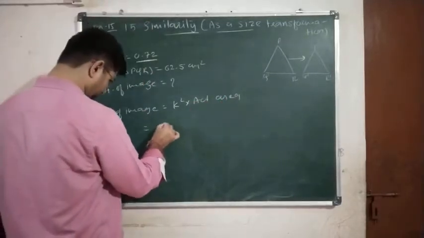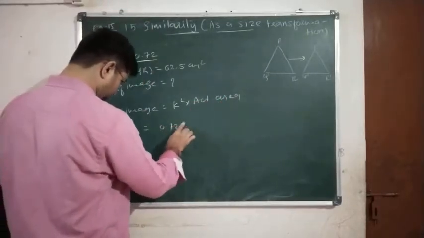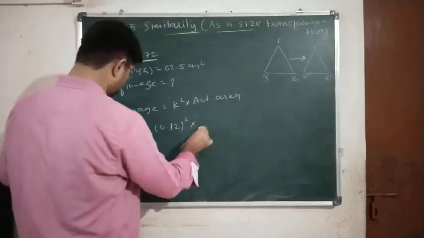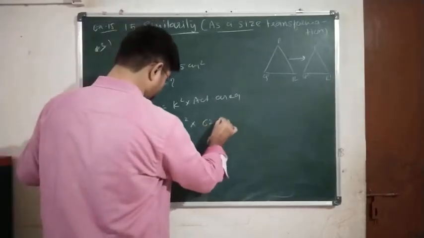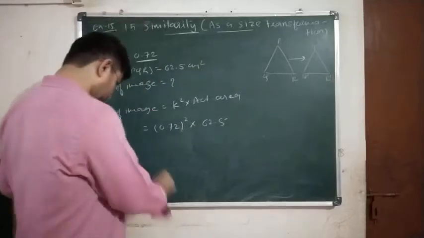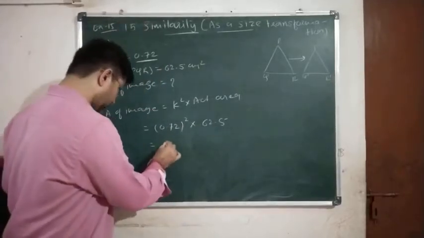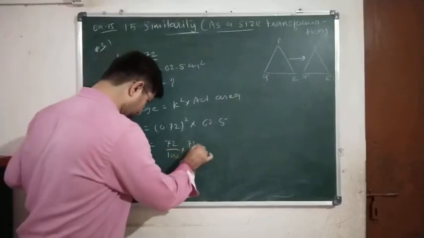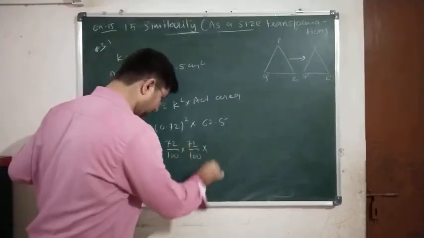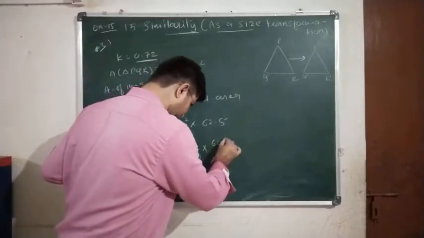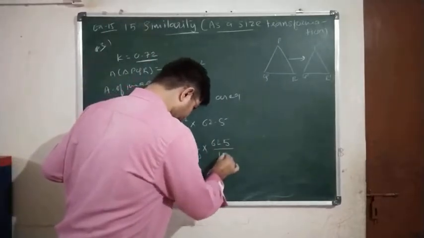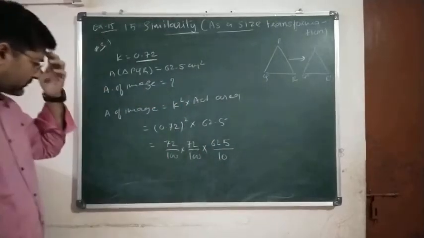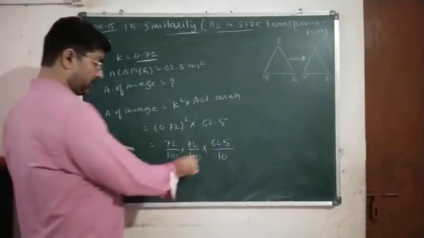So K square is 0.72 the whole square, into actual area 62.5. So 0.72 is 72 by 100 into 72 by 100 into 625 upon 10. We can reduce by 25.